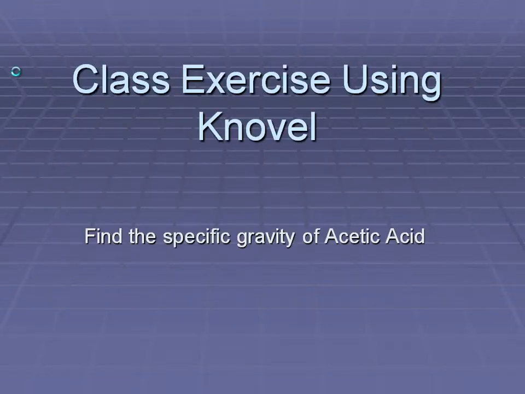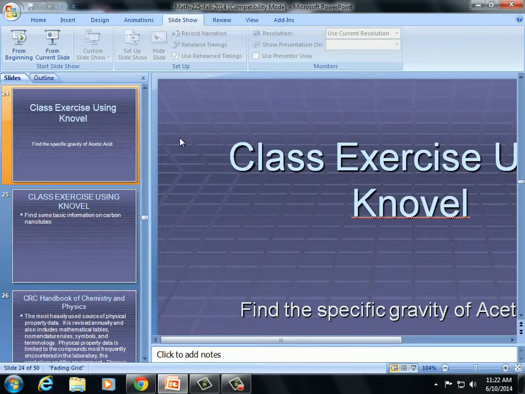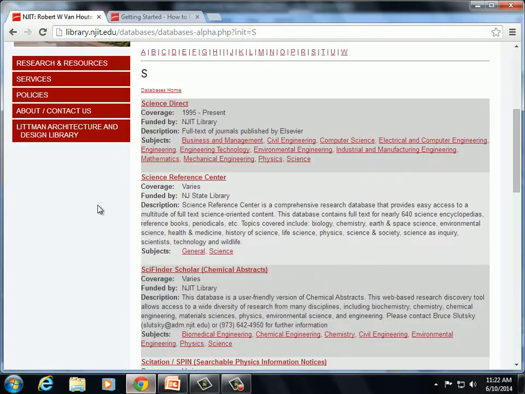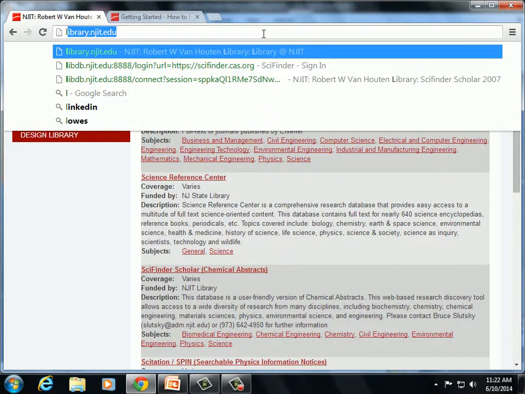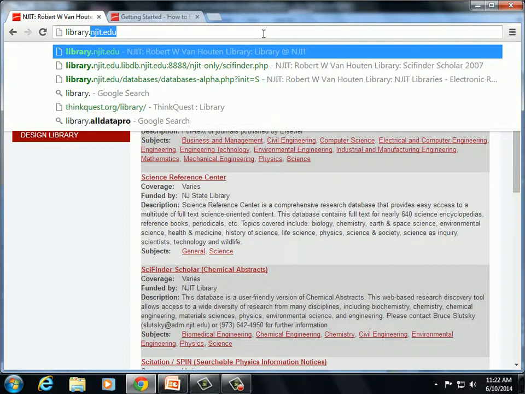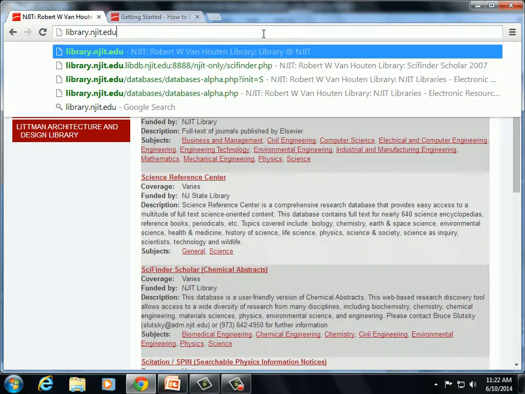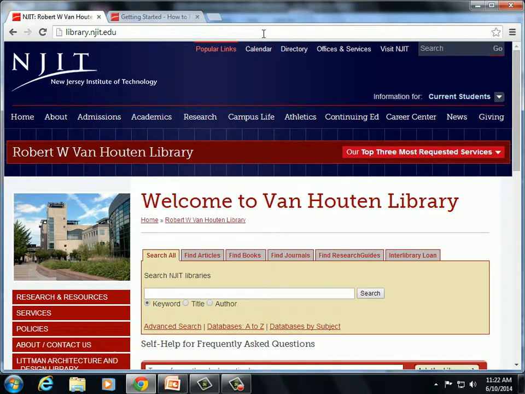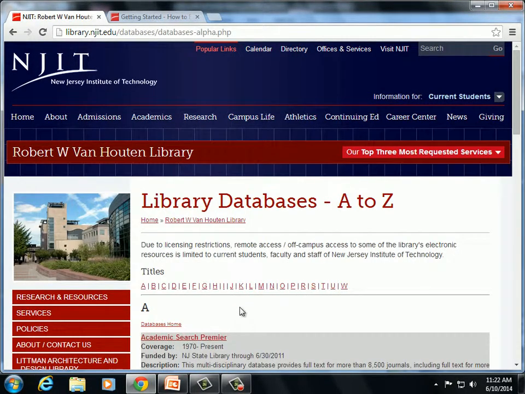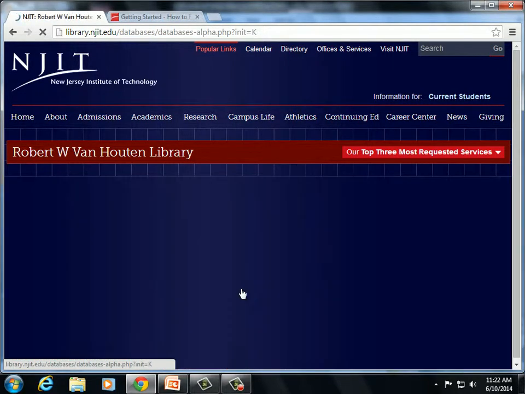Okay, so there's an exercise here. Find the specific gravity of acetic acid. What we'll do here is go back to the NJIT library homepage. Databases A to Z. We'll click on K and get Novel.